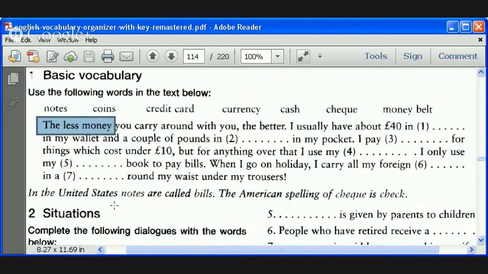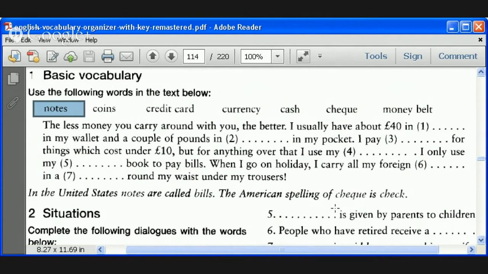The less money you carry around with you, the better. I usually have about 40 euros. Now, this L thing is pounds, actually. 40 pounds in notes? Yeah, it could be notes.